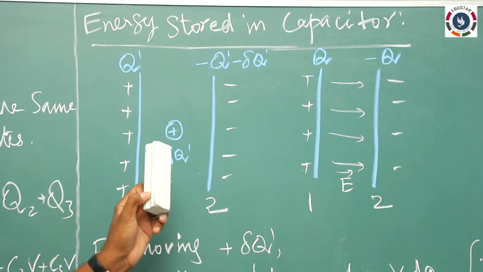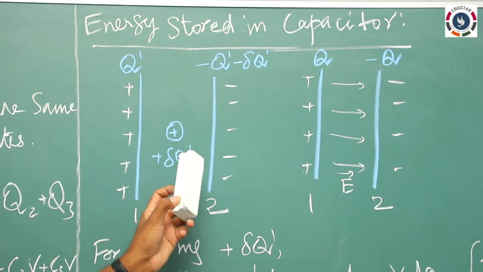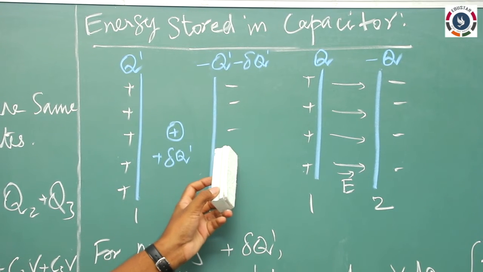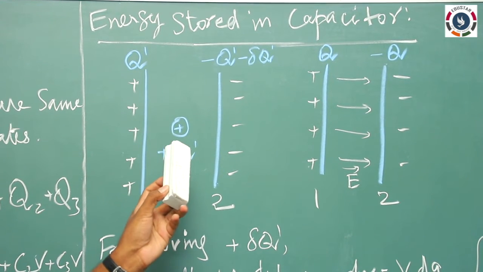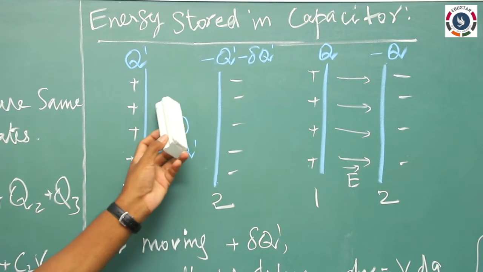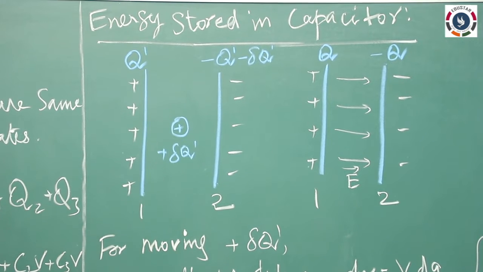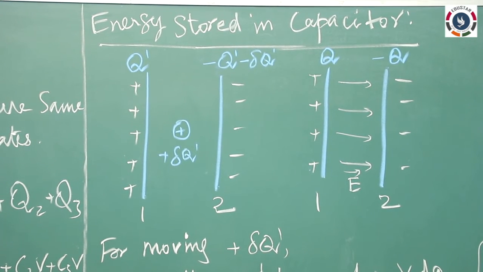So, here the energy is calculated as follows: if you move a positive charge from one plate to another plate, we need to do work, and that work is called the energy stored in the capacitor. Consider 2 plates.